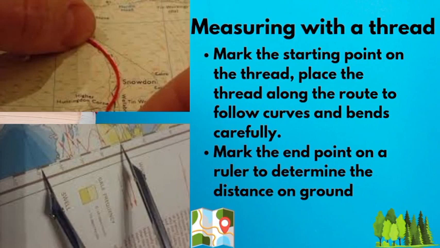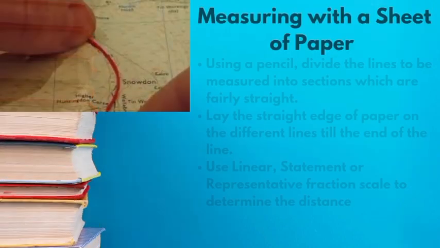Here we use the measurement of a thread by marking the starting point of the thread on the first location, and place the thread along the route in a curvy form carefully. Then you mark the end point of the measurement on your ruler, and it will be able to determine the route and the distance on ground.